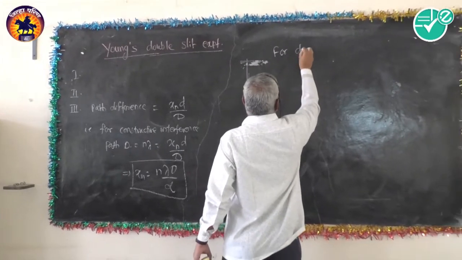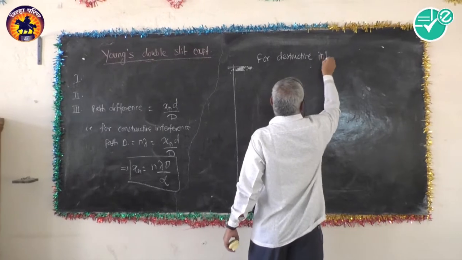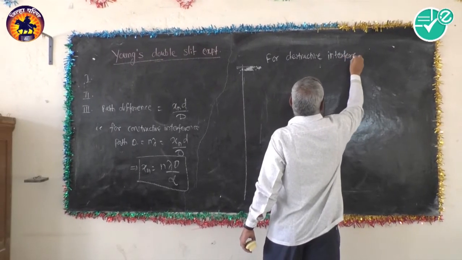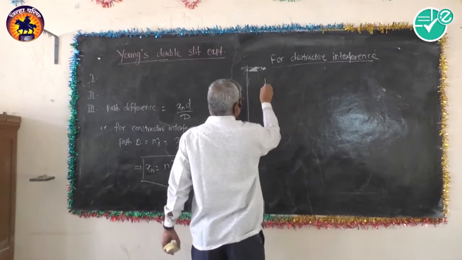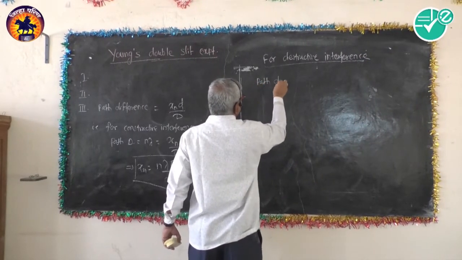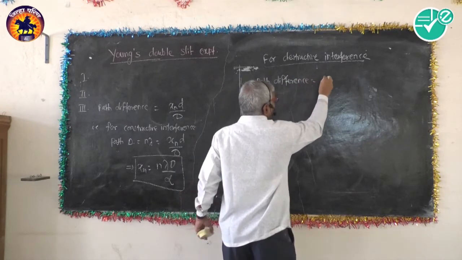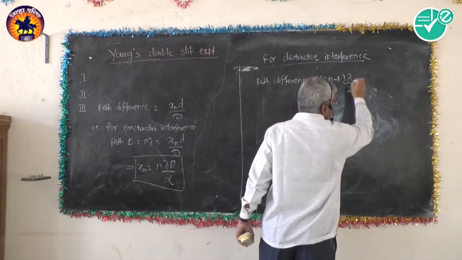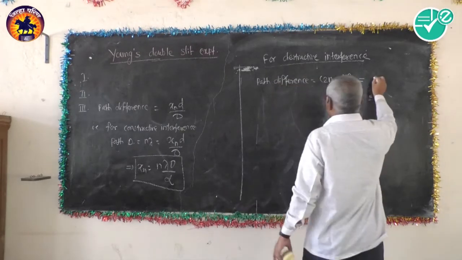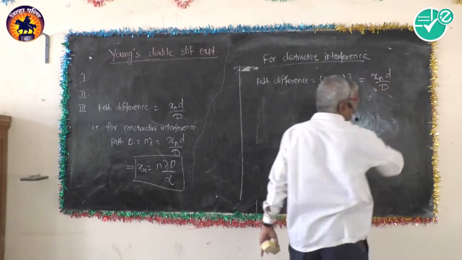For destructive interference, the path difference is equal to (2n − 1)λ/2, but here the same path difference is equal to xn d/D.